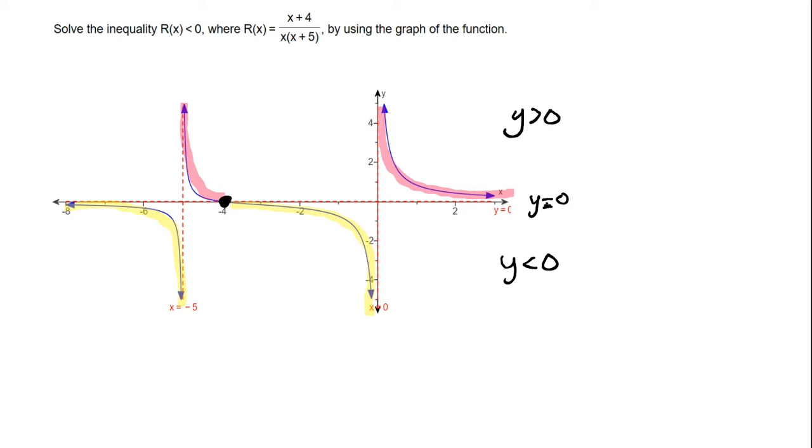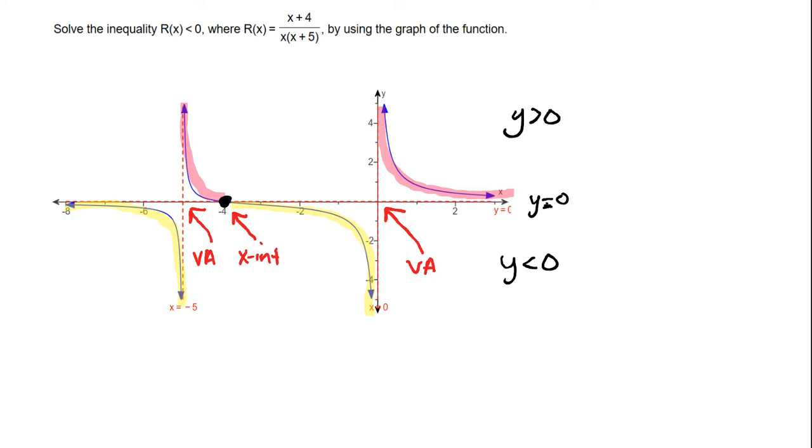So what we notice is that our graph can change signs in certain places. It changes signs over a vertical asymptote. It changes signs over an x-intercept. And it changes signs over here over the vertical asymptote.